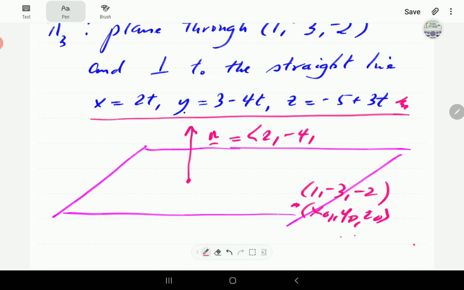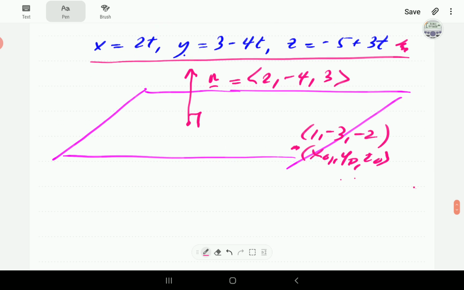So it's going to be 2, minus 4, 3, and that's going to provide the normal of the plane. From here we can simply find the scalar form of the equation, because the scalar form is r minus r naught dot n equals 0.